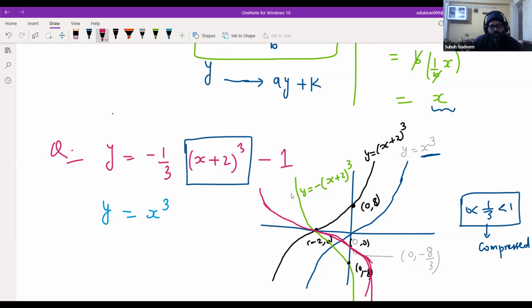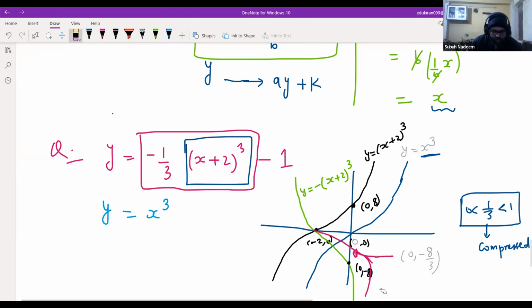So what happens to the minus 1 by 3? Minus acted separately, 1 by 3 acted separately. So then what happens to the minus 1 on the right side? Till here we have done. Okay.